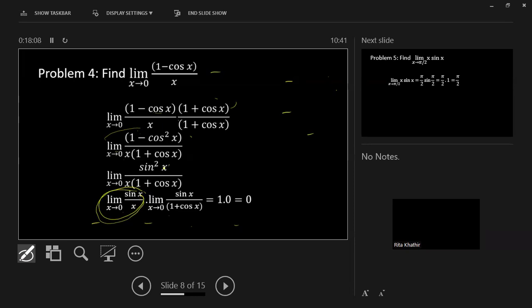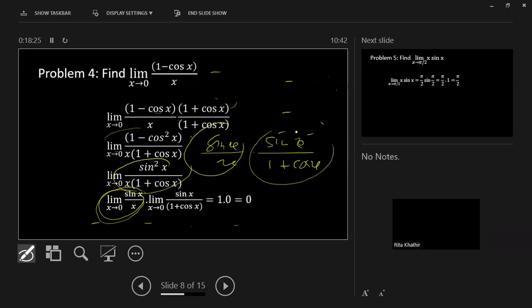Sine of x over x, then you have sine of x over 1 plus cosine x. From this we make the limits separately. And here we have in theorem B number 1 that sine of x over x is 1. So this is 1. And here you can try to put x as 0. So you have sine of 0 over 1 plus cos of 0.